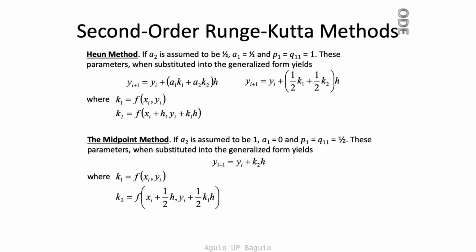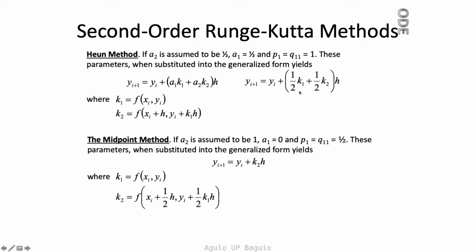So let's say, for example, that a2 is assumed to be 1/2. Then a1 is equal to 1/2 and p1 is equal to q11 is equal to 1. So these parameters, when substituted into the generalized form, yield, remember, y sub i plus 1 is equal to y sub i plus a1 k1 plus a2 k2 times h.